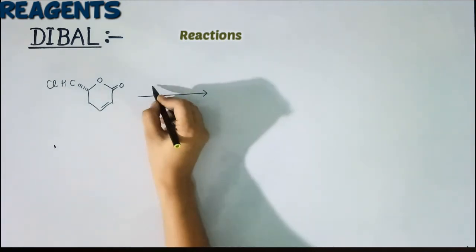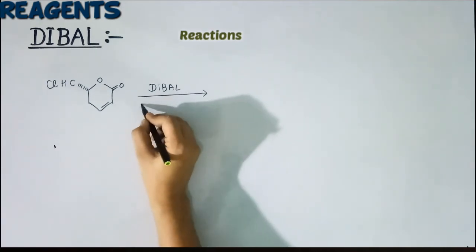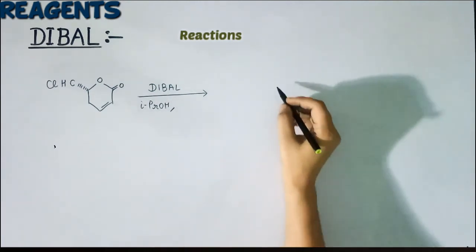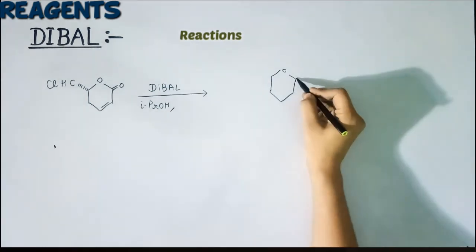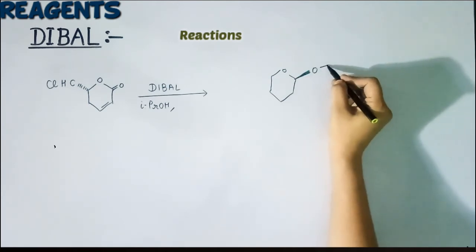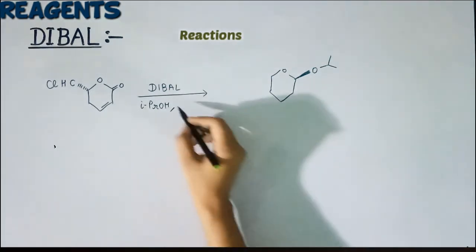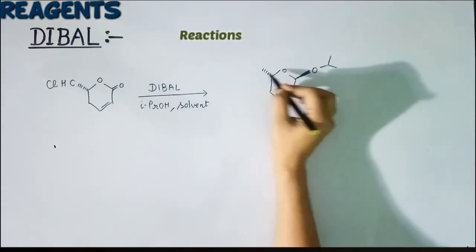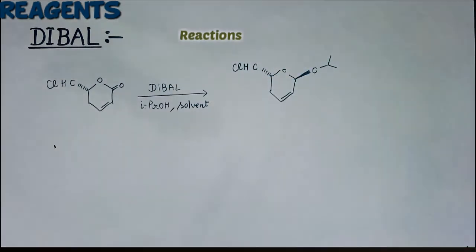So you have DIBAL, in presence of isopropyl alcohol and some inert atmosphere. So this product will be formed. This is because of isopropyl alcohol, okay? And you have a solvent here. So this is the product.